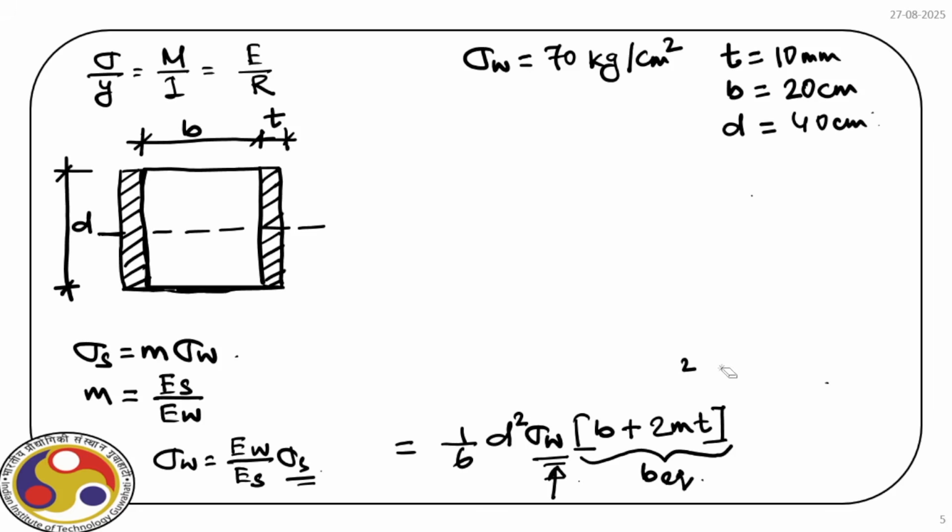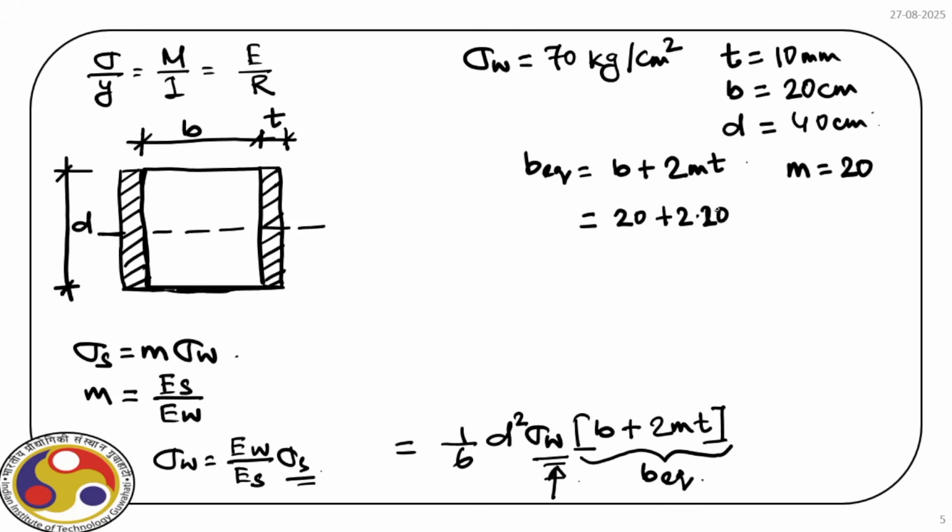So if we convert the section into an equivalent wood cross section, B equivalent will be B plus twice m times T, and let the modular ratio be 20, right? So what we have, B is 20 plus 2 times 20 times T, which is 10 millimeters.